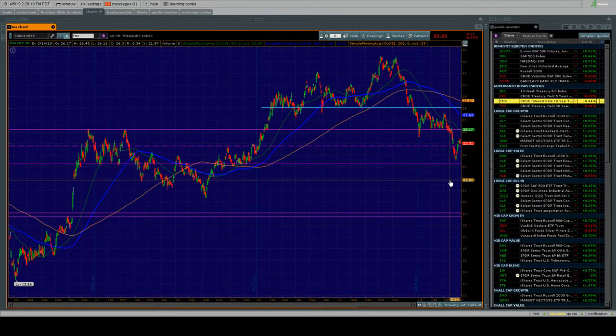A breakdown of there would send them quickly down to, say, roughly 2.2, where they might bounce up or go all the way back down to their pre-election low somewhere there. But there's a lot of air in between here. There's a couple weak areas of support, but they're not super strong. But what we see from a chart action is this is a bearish setup for yields.